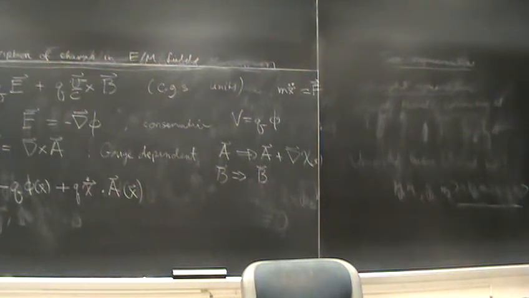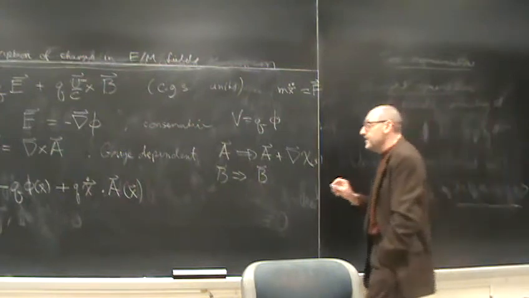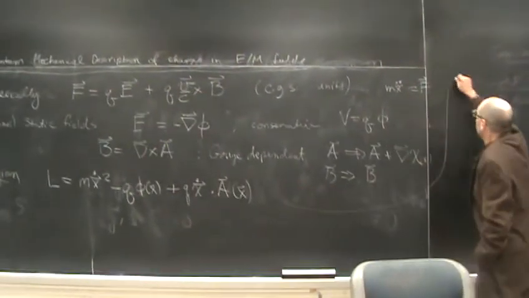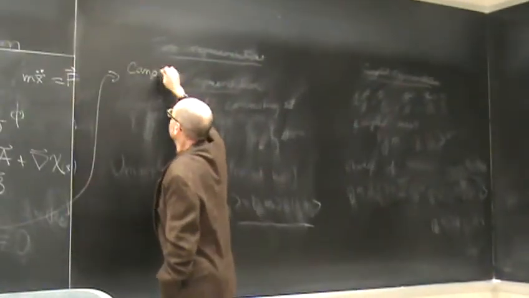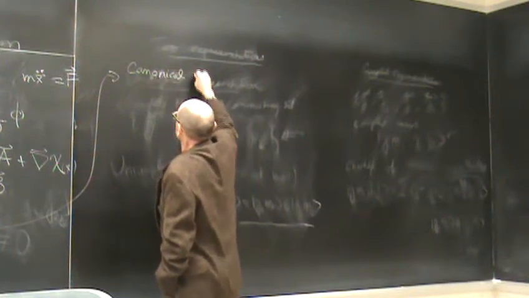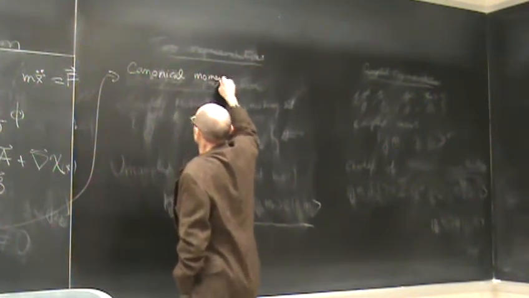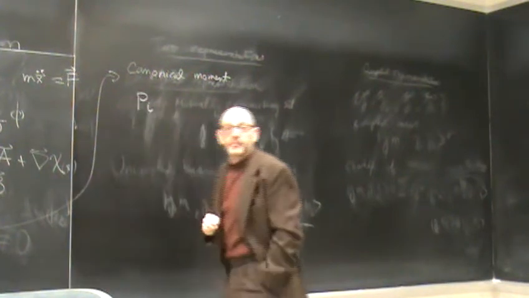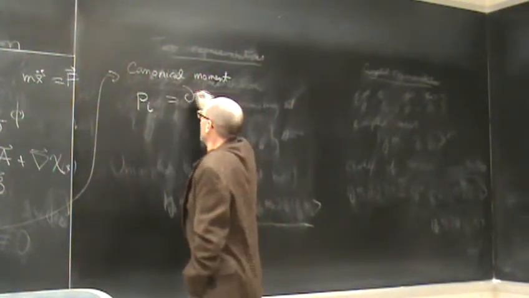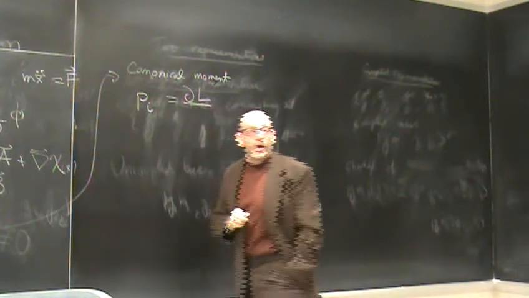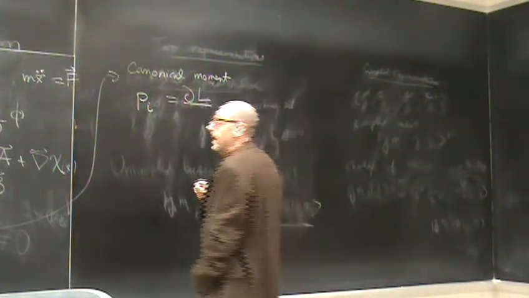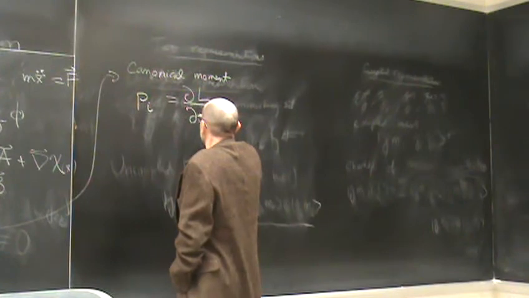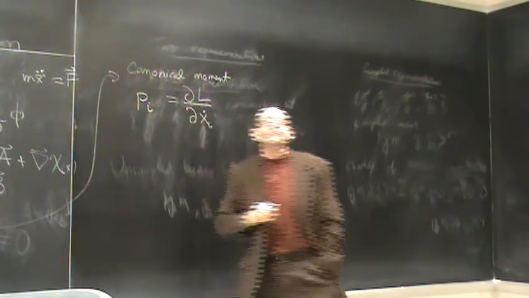All right, so if we have a Lagrangian, I can get the canonical momentum. The ith component of the canonical momentum is equal to the partial derivative of the Lagrangian with respect to the ith component of x dot, right?